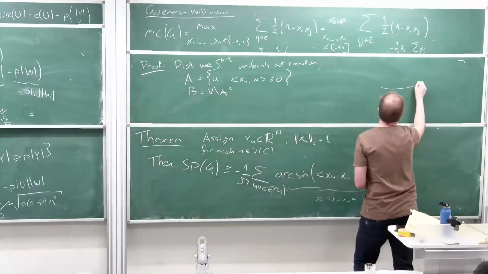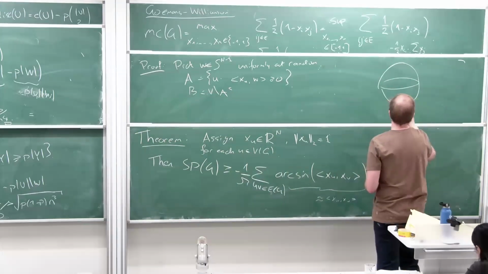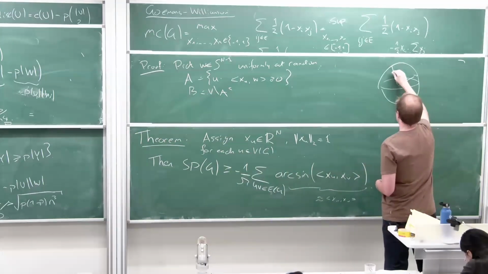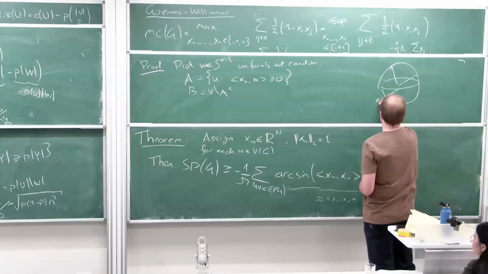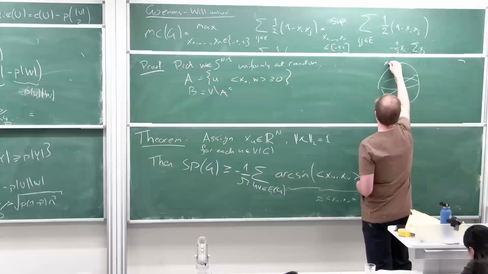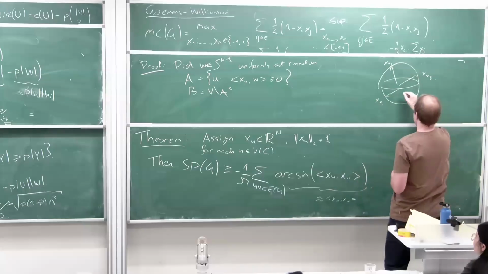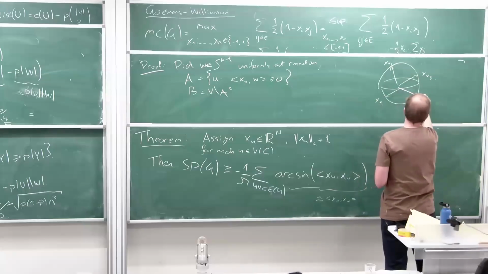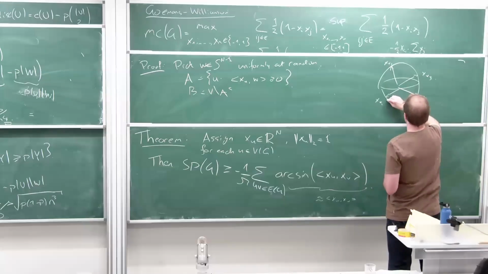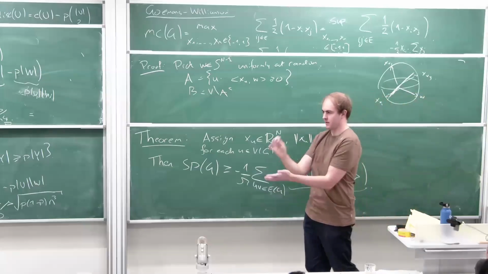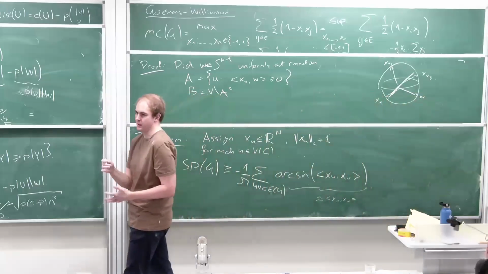So essentially what happens is that we have a sphere. We have these vectors x, v1, v2, v3, and so on pointing out. Then we pick our random W, which is some direction. Then we draw the plane that is orthogonal to it, and that plane determines the cut of the sphere.